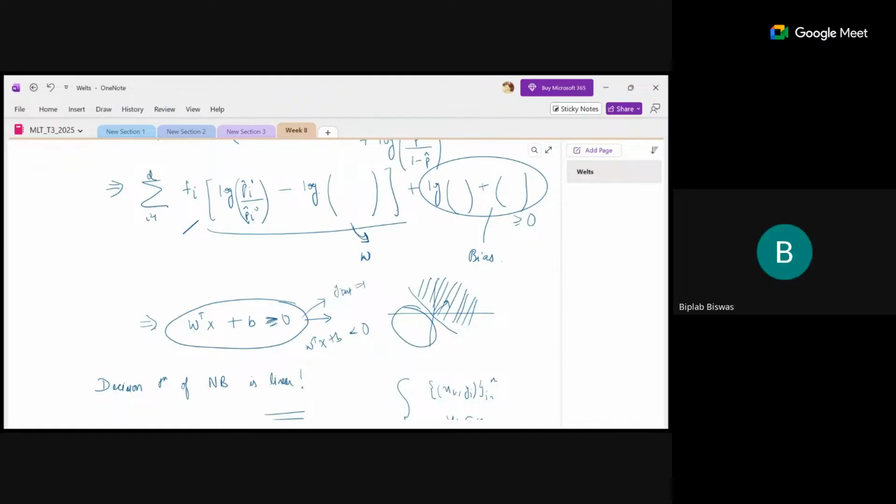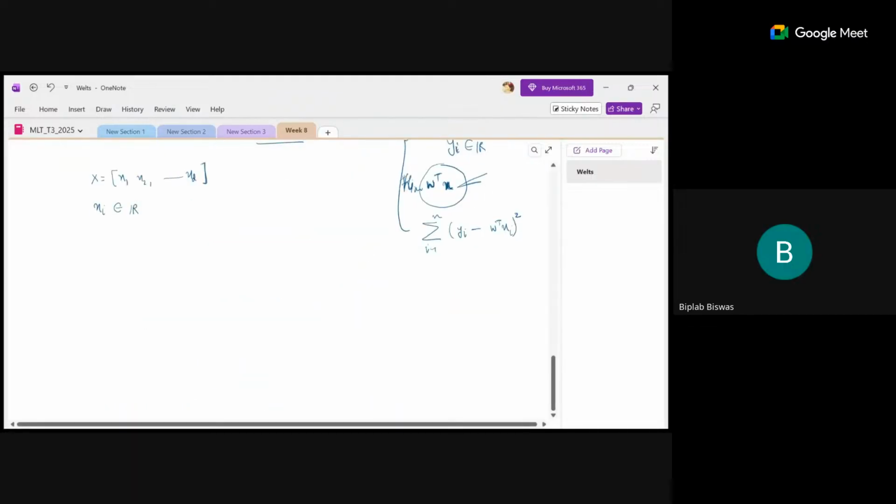Okay, ma'am, the reason I'm asking this, sorry if I missed anything earlier: in the SSE error or in the ridge loss or LASSO, we are using X transpose W minus Y. The doubt I'm having is that here to get the value we are using W transpose X minus yi, but there we are using X transpose W minus Y. Both will give the same value, I think.